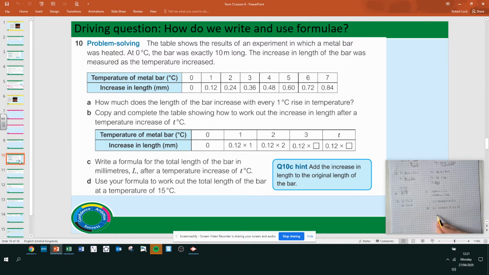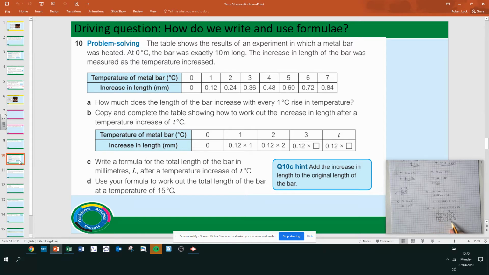Let's do a bit of multiplication as I do it. 0.12 times 15. 1 times 2 is 2. 1 times 1 is 1. 1 times 0 is 0. 2 times 5 is 10. 1 times 5 is 5. And 0 times 5 is 0.